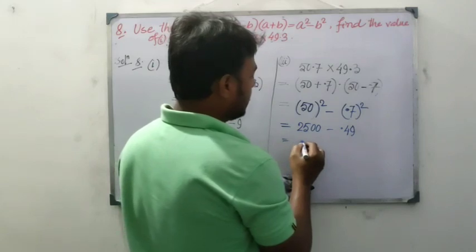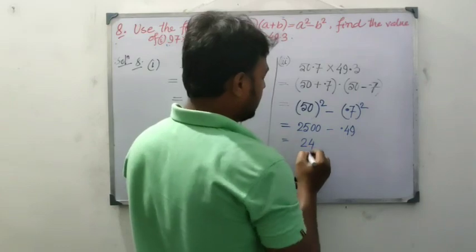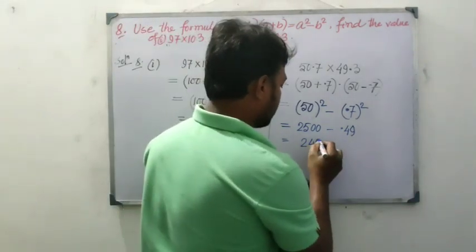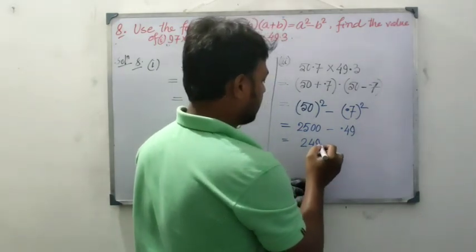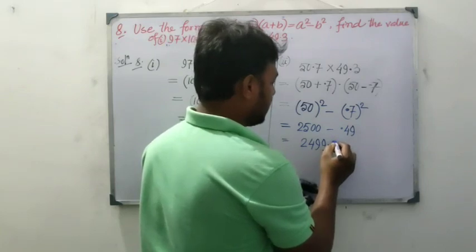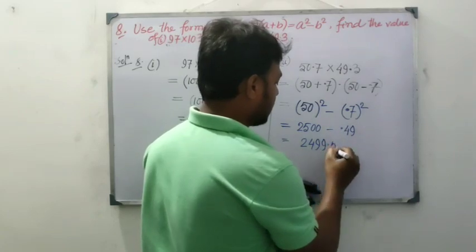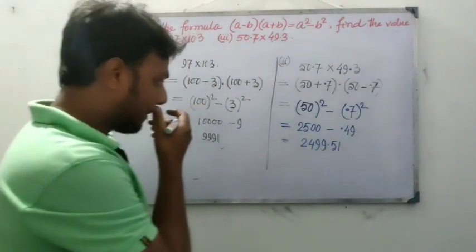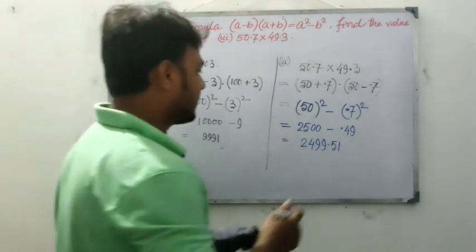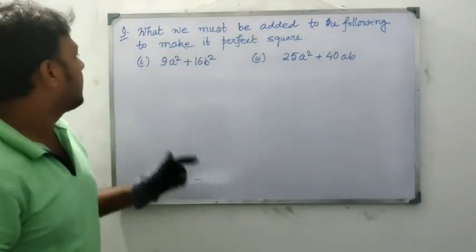So it will be 2, 4, 9.51, I think. Yeah, this is the correct. This completes the solution.